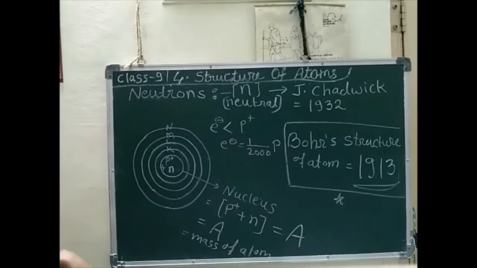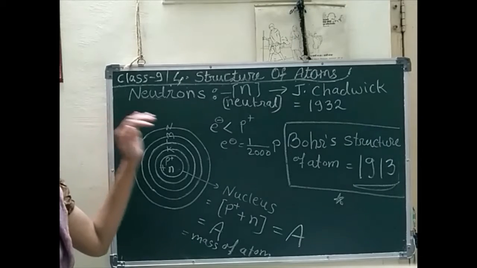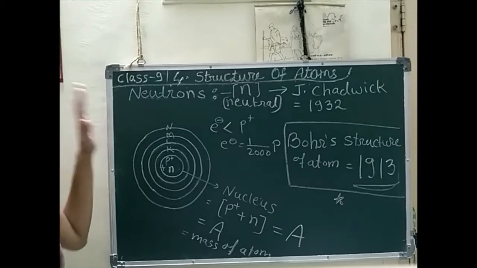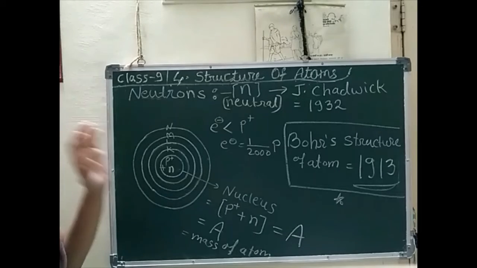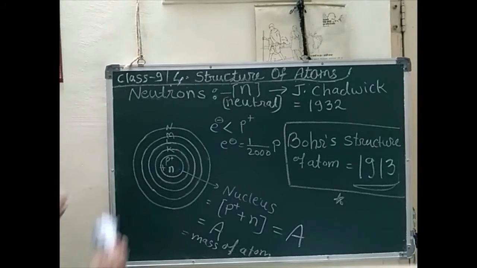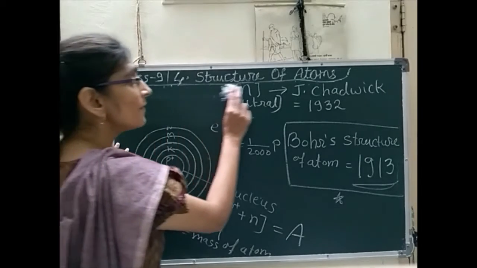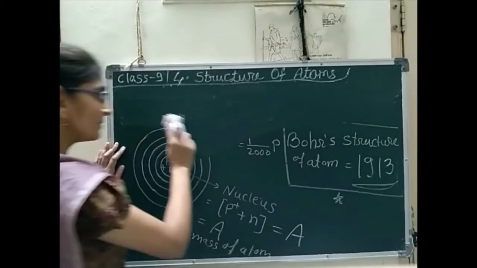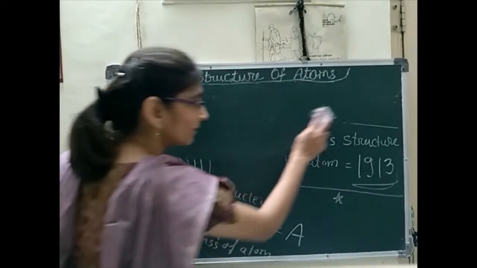So in the next topic we will learn what is atomic mass and what is atomic number, and how we can calculate the number of neutrons present inside the atom.